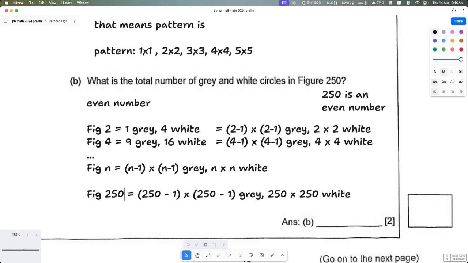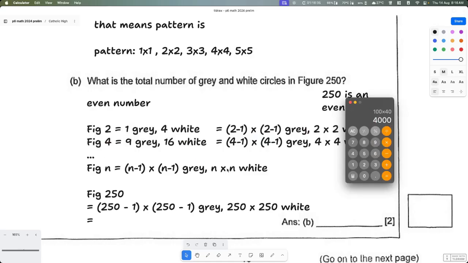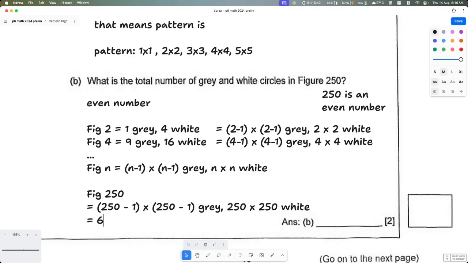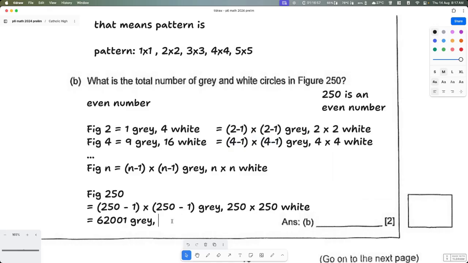So that means we will just get 249 times 249, this will give us 62,001 gray. And the white is just 250 multiplied by 250, this will give us 62,500 white.